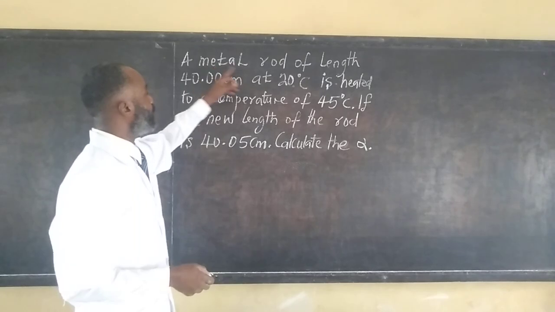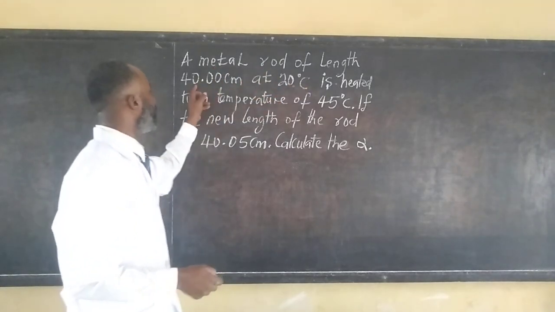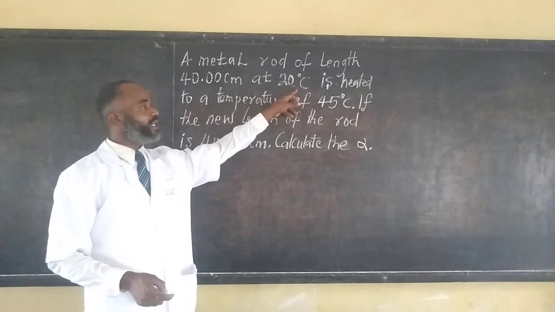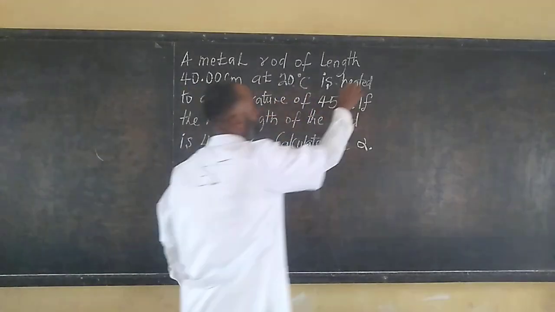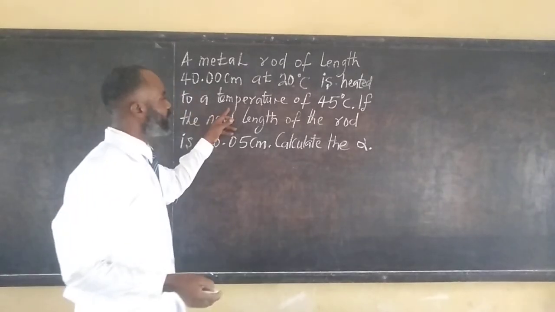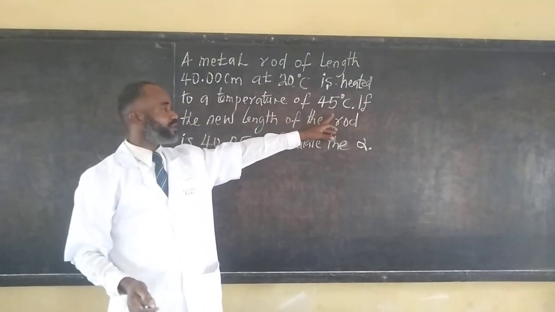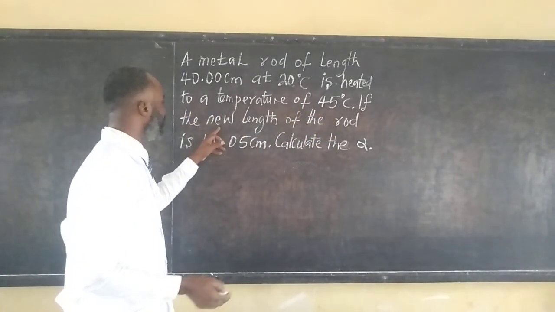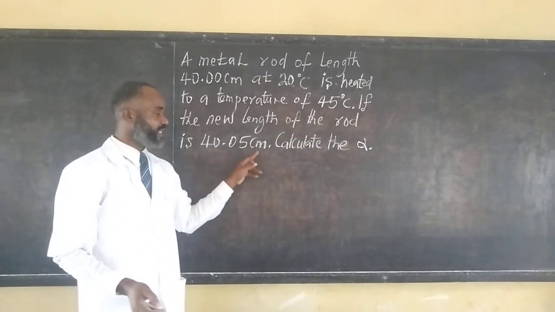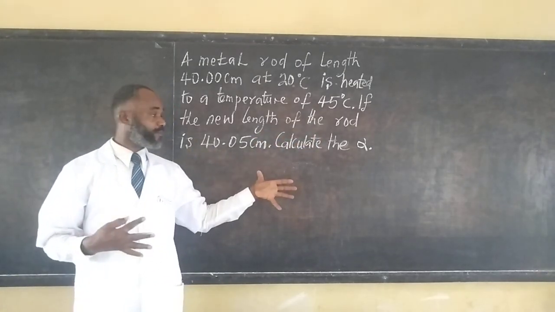A metal rod of length 40.00 cm at 20 degrees Celsius is heated to a temperature of 45 degrees Celsius. If the new length of the rod is 40.05 cm, that means an increase in length.